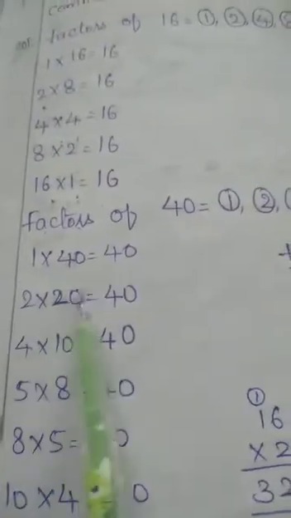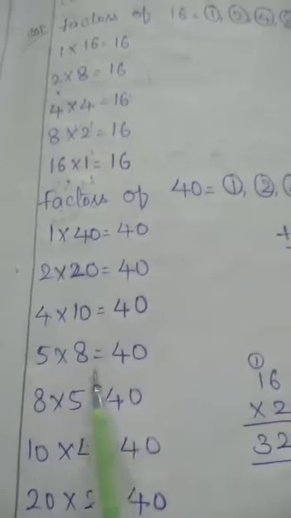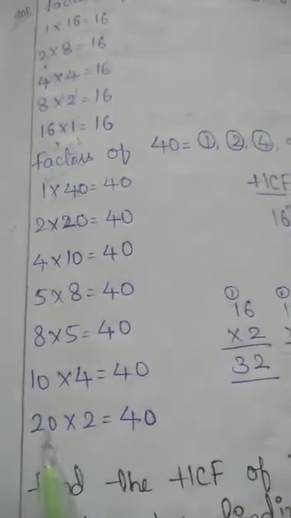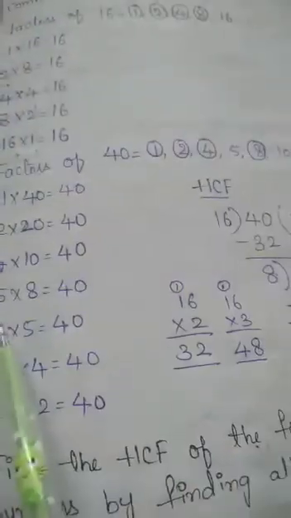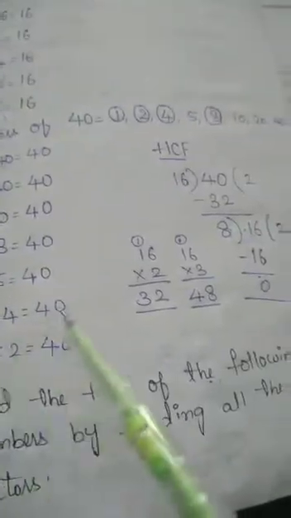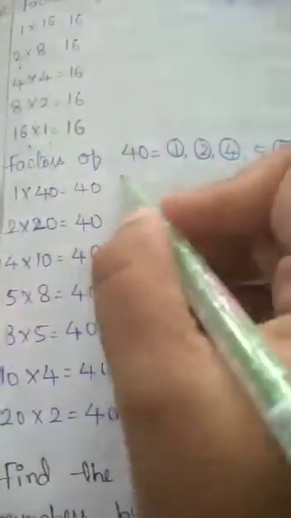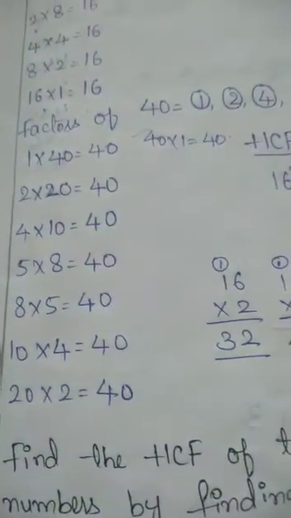Next, factors of 40: 1 into 40, 2 into 20, 4 into 10, 5 into 8, 8 into 5, 10 into 4, 20 into 2, all equal 40. Factors of 40 are 1, 2, 4, 5, 8, 10, 20, 40.